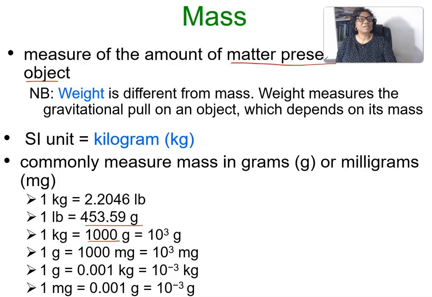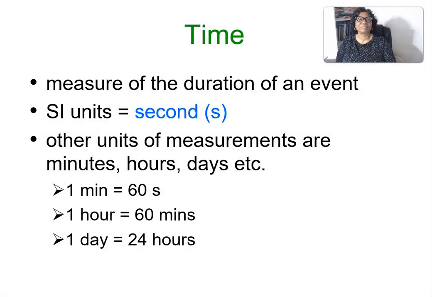We want to look at time. The SI unit for time is seconds. We have other units like minutes, hours, days, weeks, and years. 1 minute equals 60 seconds, and 1 hour equals 60 minutes.